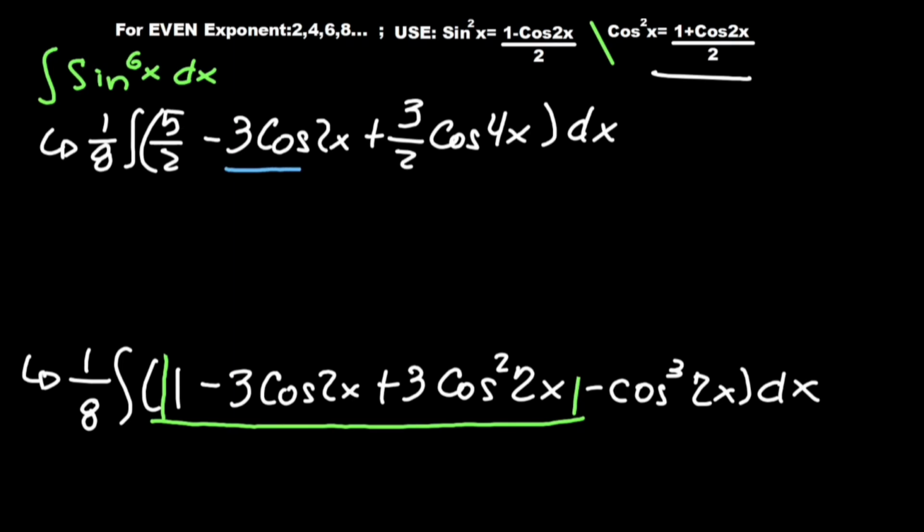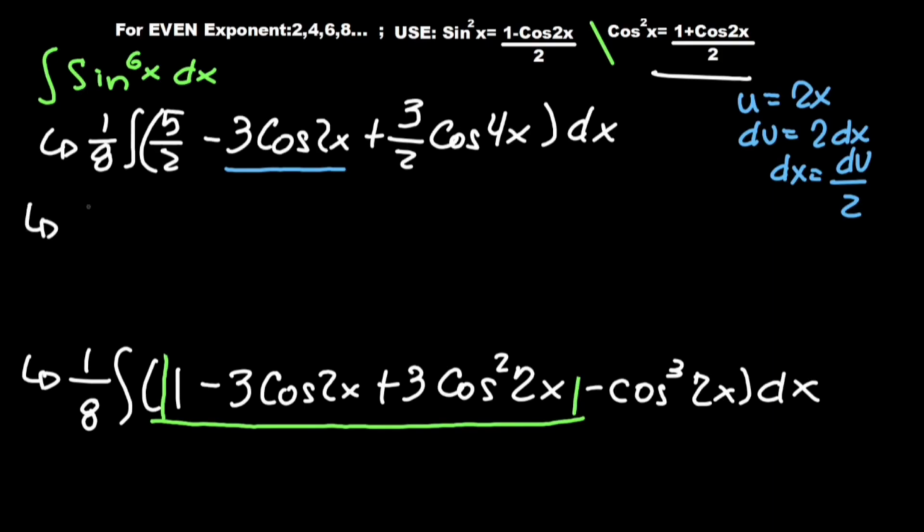So let us focus on here first. In this case, let u here be 2x. Derivative of 2x would be 2 dx. And so dx right here would be equal to du over 2. Integral of 1/8 integral of 3.